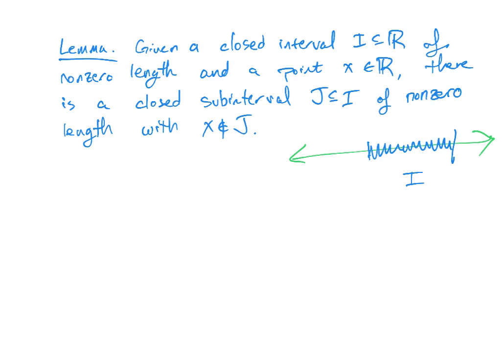But if x is in I, okay, then the lemma says, well, there's a closed subinterval of I that does not contain x. So that would be your J. Okay, that's just all the lemma's saying.